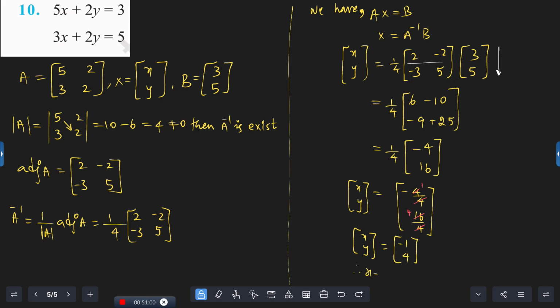Therefore x value is minus 1, y value is 4. You can notice here the determinant value cancelled with the inside elements. Is it okay? Right. Next, question number 11, we will go a little fast.